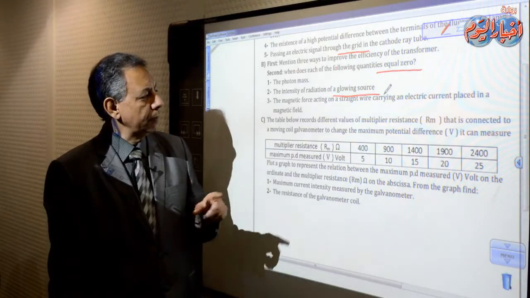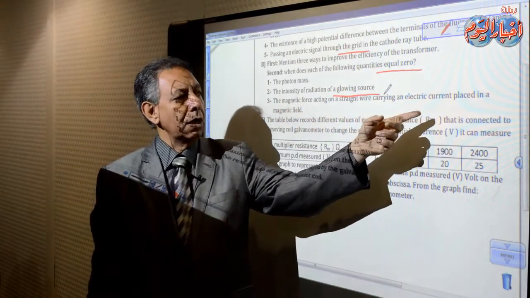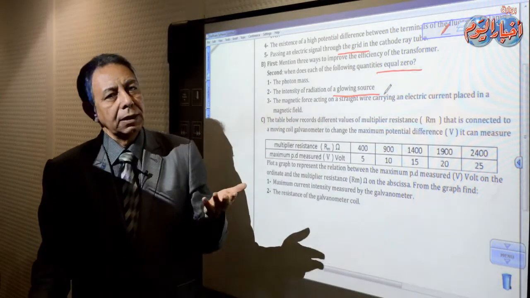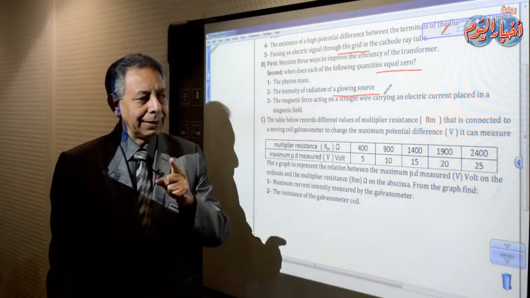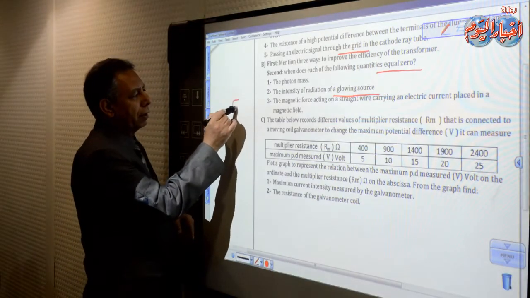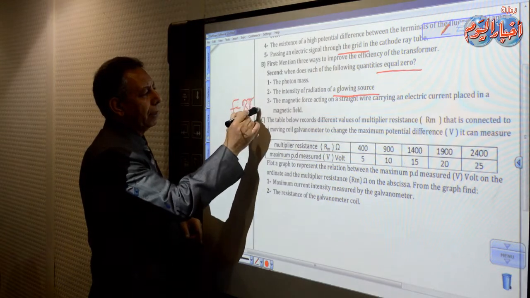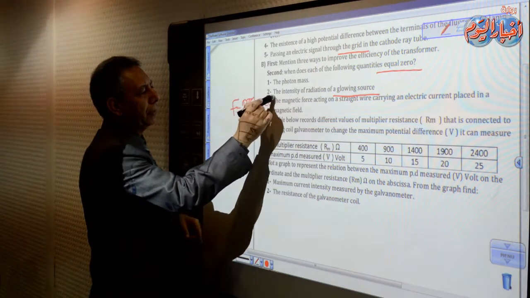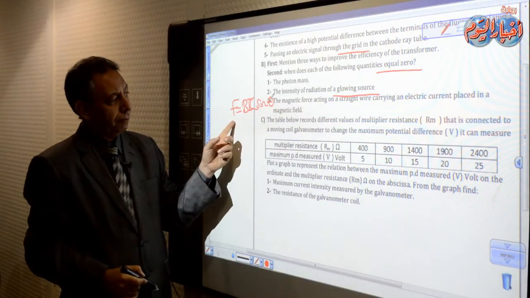The third and last part: the magnetic force acting on a straight wire carrying an electric current placed in a magnetic field equals 0. Yes, right, when the wire is placed parallel. Force acting on a wire equals BIL sine theta. So one of these should be 0 to make F equal 0.